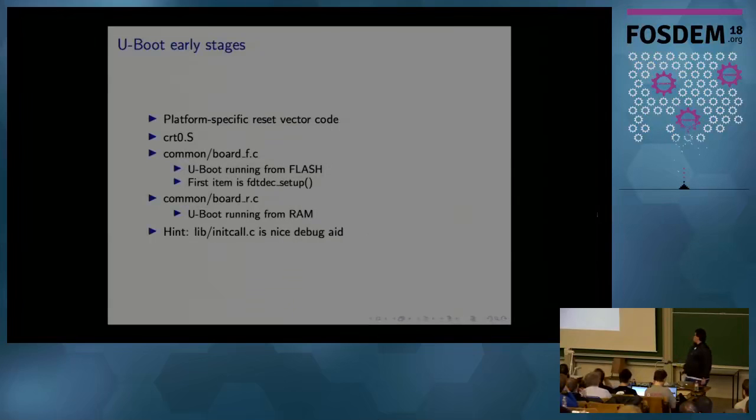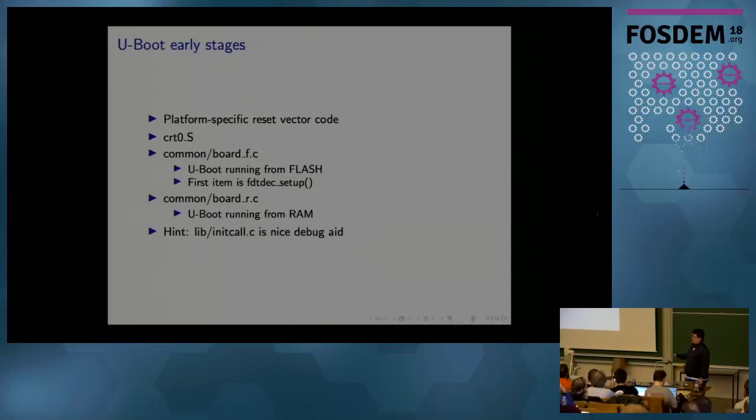There's a nice trick, at least in the init list, in case you happen to have a problem where it hangs somewhere in the init space. You can hack up this init function. See, there are two debug statements in there. You just replace those with printf, and you can print each init function it is calling, including its base address. And then you can find out which was the last function which was actually called.